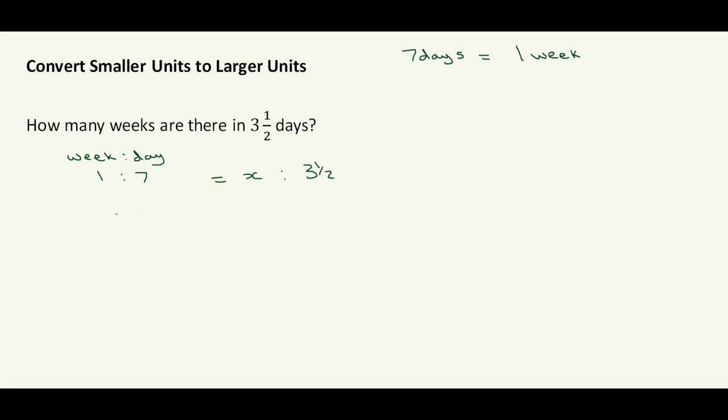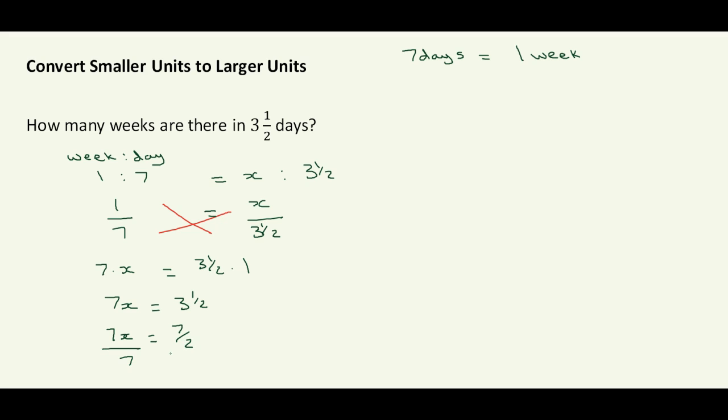So now we'll create our fraction. 1 over 7 is equal to x over 3.5. So we'll now use our cross product here, which means we have 7 multiplied by x is equal to 3.5 multiplied by 1. So 7x is equal to 3.5. So one thing we can do here is to convert 3.5 to an improper fraction. So 7x is equal to 7 over 2.